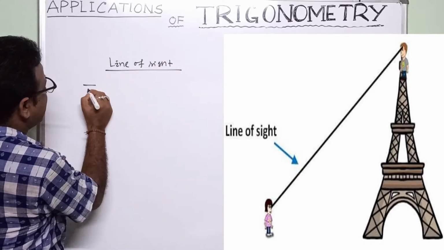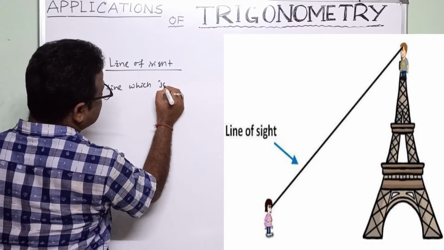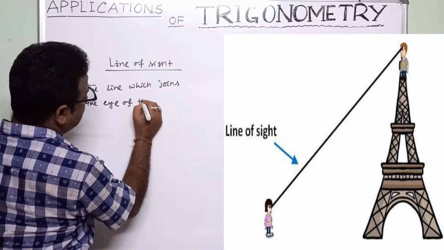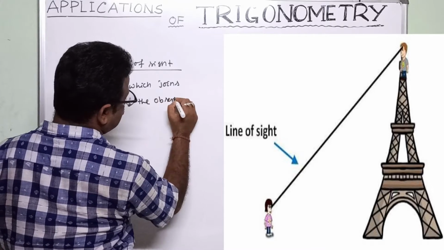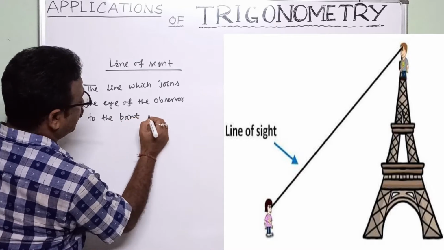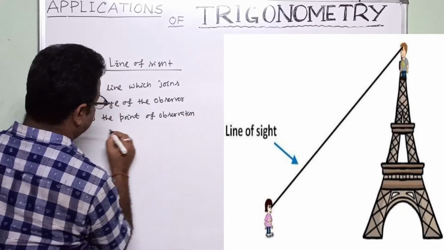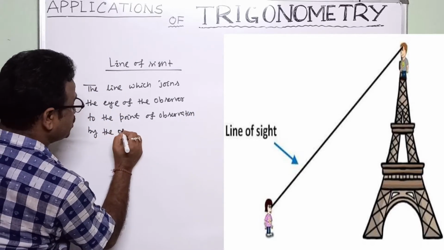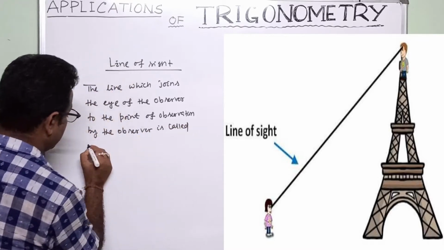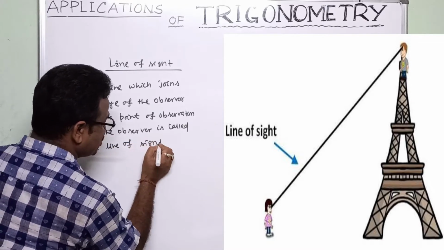The line which joins the eye of the observer to the point of observation by the observer is called the line of sight.